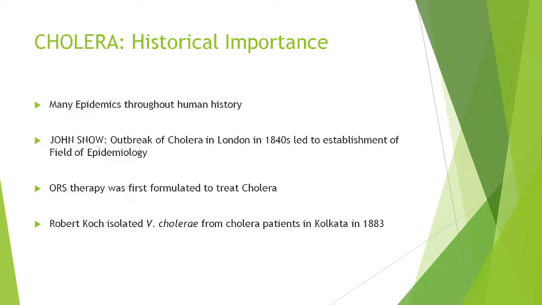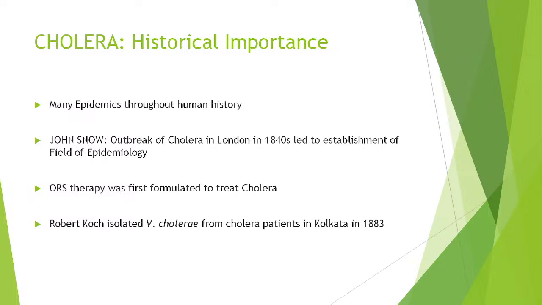So if you see cholera, a very classical bacteria, lot of literature available in ancient texts about diseases like cholera, and many epidemics have occurred throughout human history. So this came into light, the field of epidemiology, जो हम कहते हैं clinical epidemiology. It started with actually the outbreak of cholera in London, and one epidemiologist, John Snow, not the one of Game of Thrones.